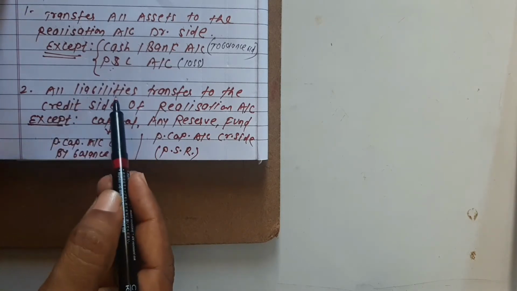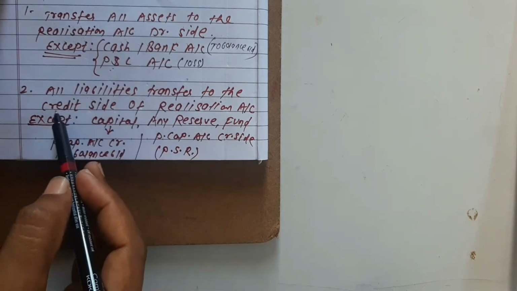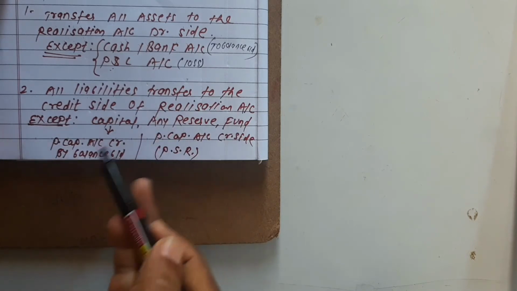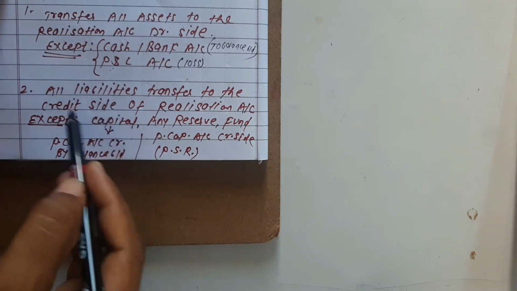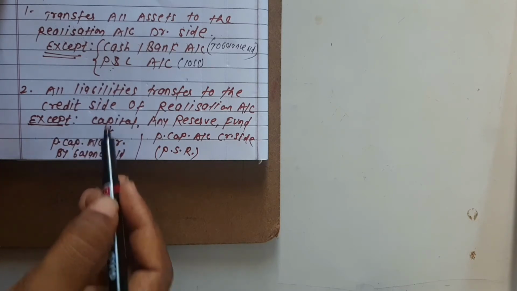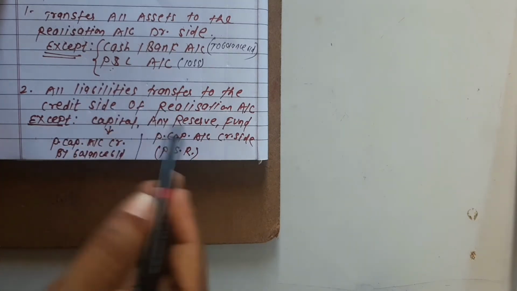Now all liabilities are transferred to the credit side of realization account. If you have any doubt, sir, which kind of liabilities other than these, here are bank loan, creditors, any outstanding expenses. These are the liabilities that go to the realization account credit side.